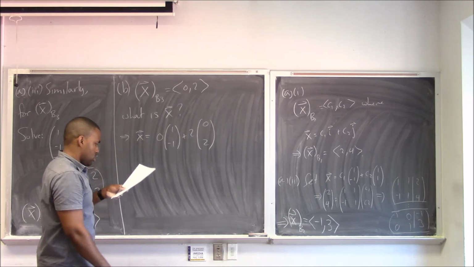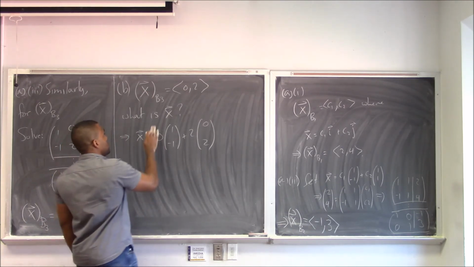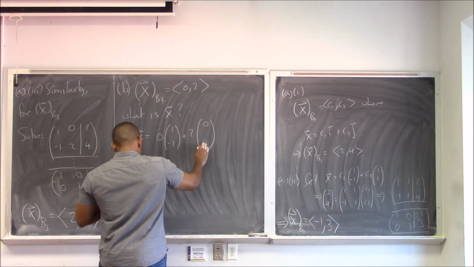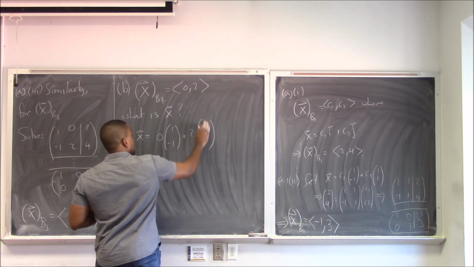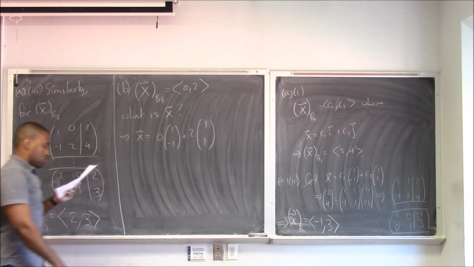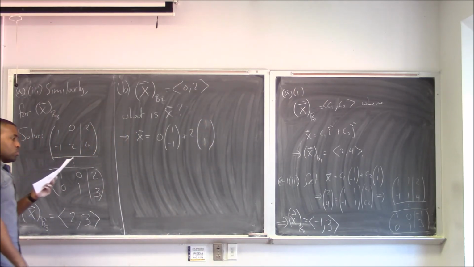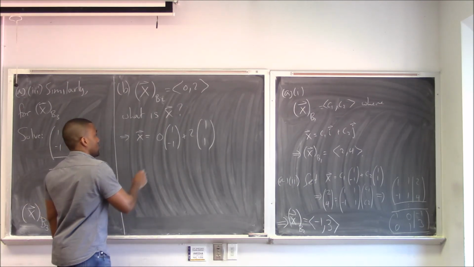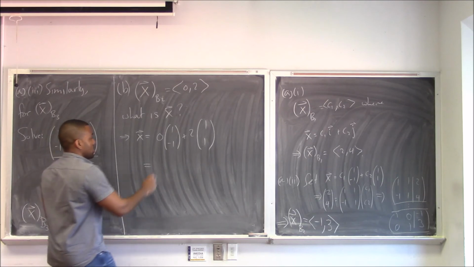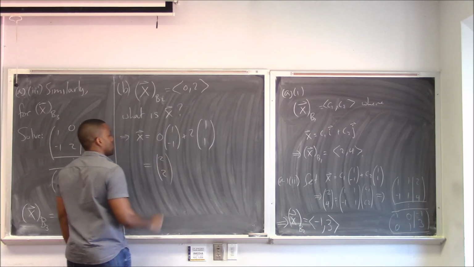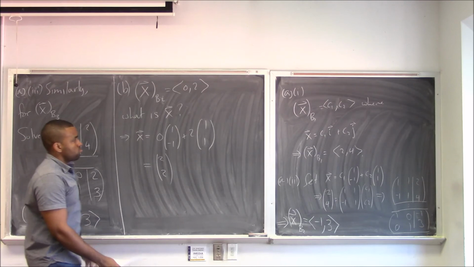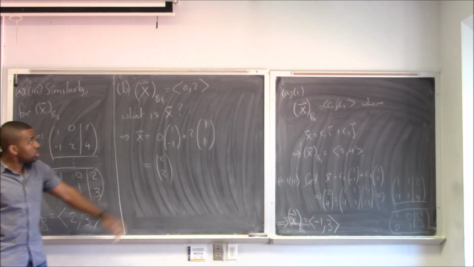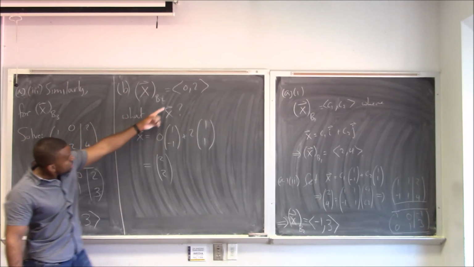Or did I ask B2? I think I said B2. So that's just going to be the vector (2, 2). So if I express this coordinate with respect to basis B2, that would be the answer.